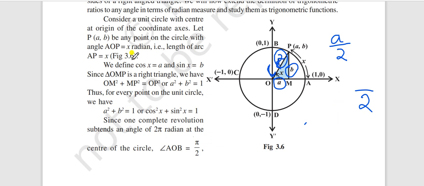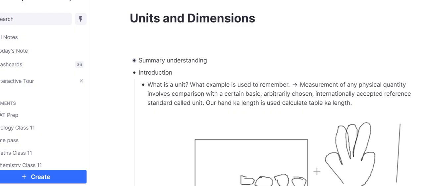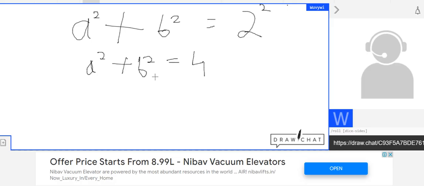That means a by 2 is cos x, and sin x equals b by 2. So what we get is this.